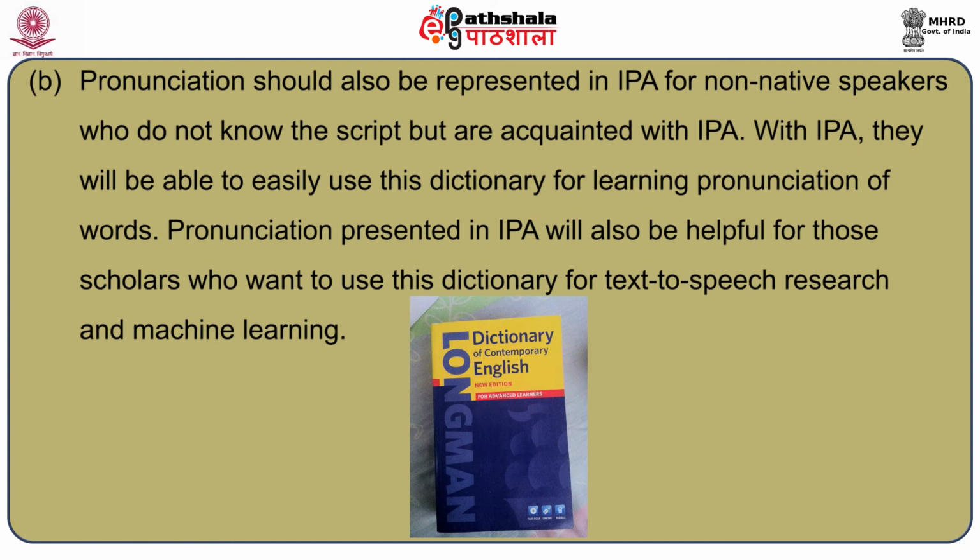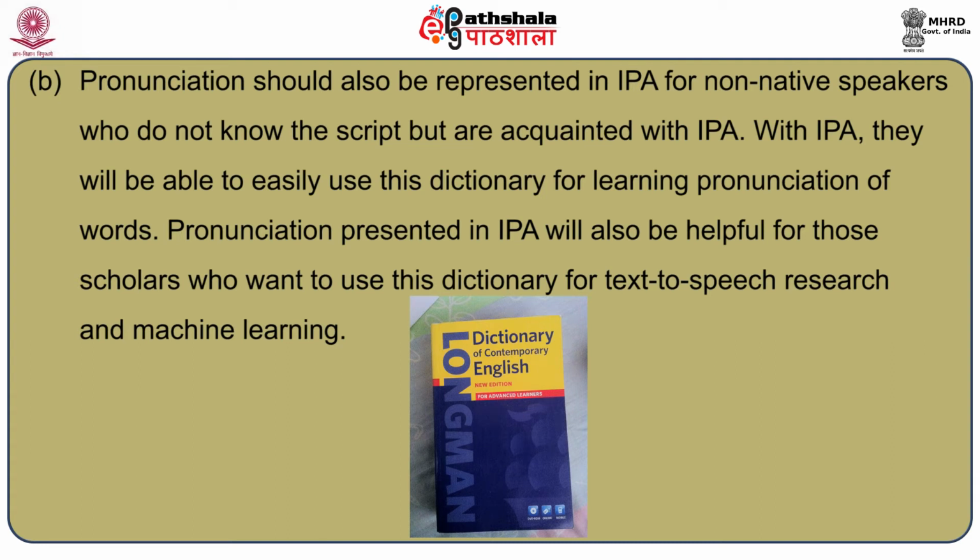Second, pronunciation should also be represented in IPA for non-native speakers who do not know the script but are acquainted with IPA. With IPA, they will be able to easily use this dictionary for learning pronunciations of words.